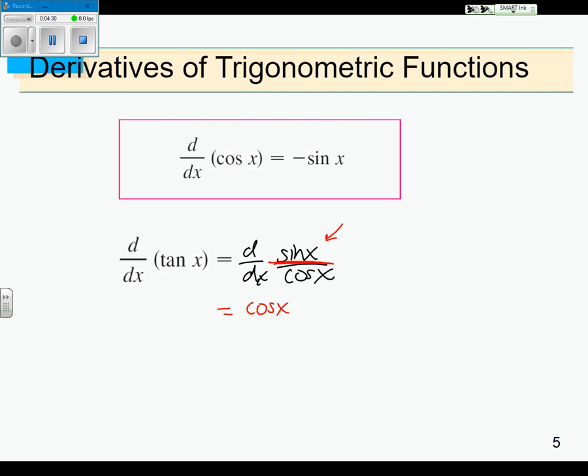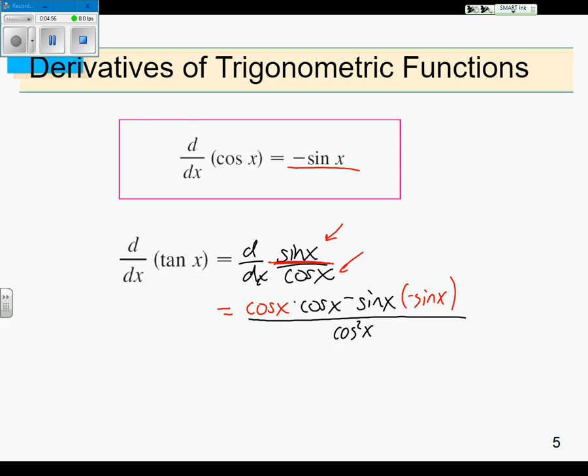Times the bottom, minus the top times the derivative of the bottom. The derivative of cosine is just going to be negative sine x. And don't forget about your all over bottom squared.